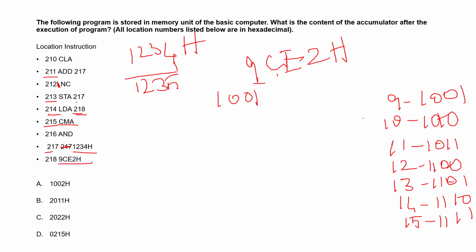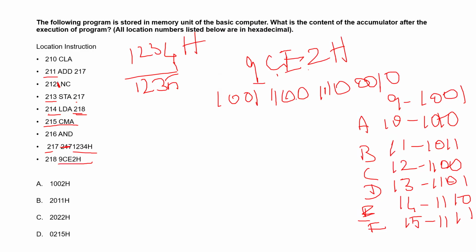Now this is A, B, C, D, E, and F. Now we check: the C value is 1100, the E value is 1110, and what is the 2? It is 0010.